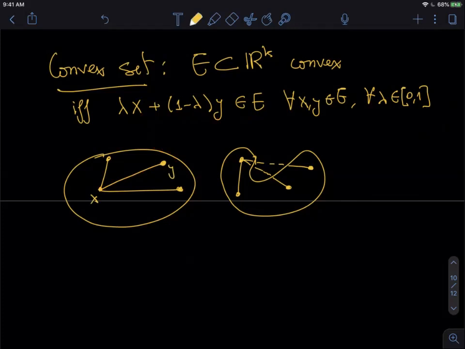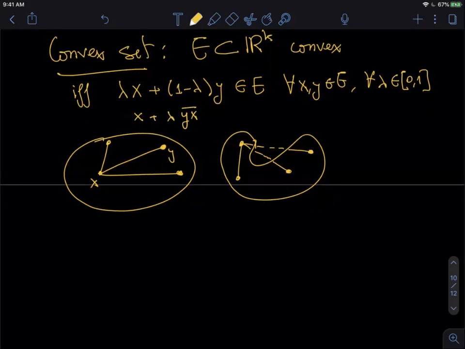So here, as we move lambda, you can think about this like a movie. As we move lambda, we transition from y to x if we go from 0 to 1, or from x to y if we go from 1 to 0. So this formula we wrote here is describing every point that is in the segment. Another way to write this down would be x plus lambda (y minus x), I believe.